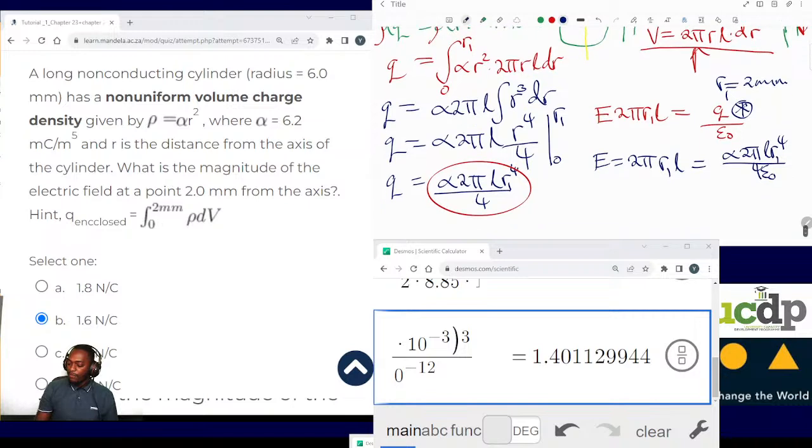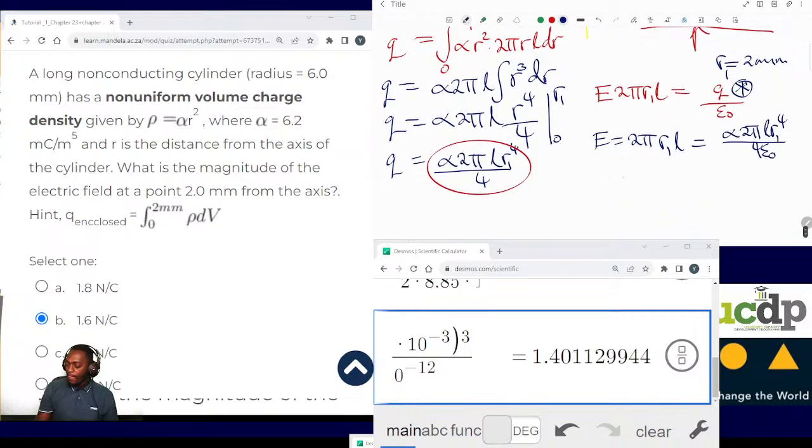But we're looking for E, so if you simplify that, this is now mathematical algebra, E becomes equal to alpha r cubed over 4 epsilon naught.